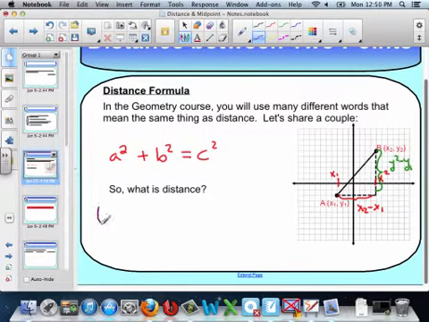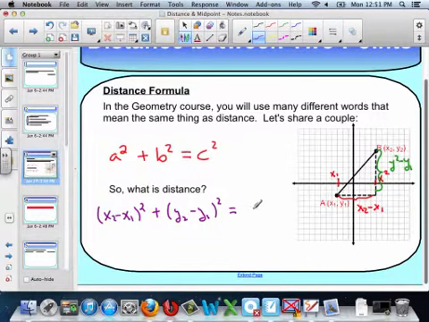So now that gives me x2 minus x1 squared, plus the vertical change, which is y2 minus y1 squared. And that all equals c squared. Again, c being the hypotenuse.